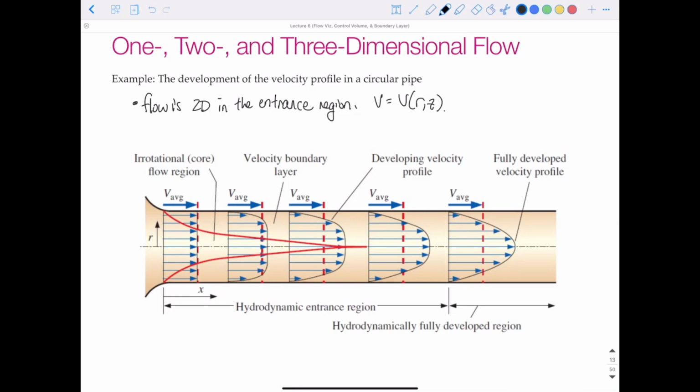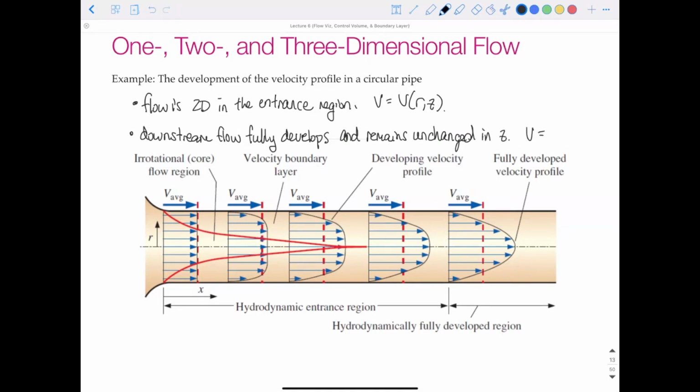And then further downstream, the flow becomes one-dimensional, and the velocity profile fully develops and remains unchanged in the flow direction. So downstream, our flow fully develops and then remains unchanged in z.